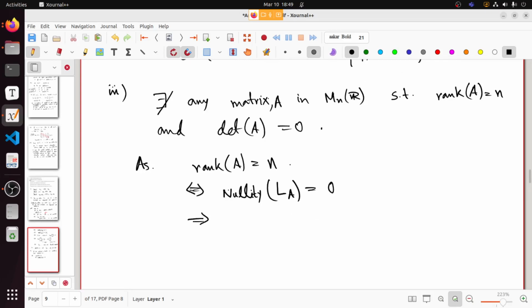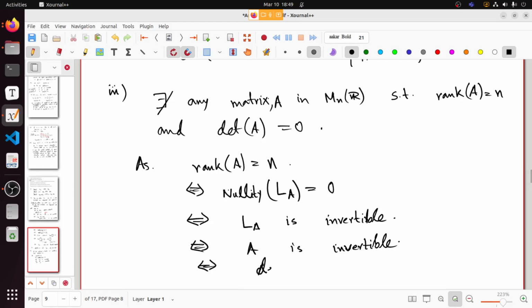So if and only if LA is invertible, which implies the corresponding matrix is invertible, means the determinant of A is non-zero.